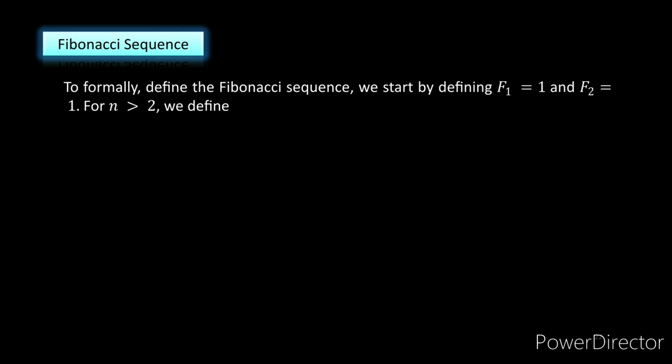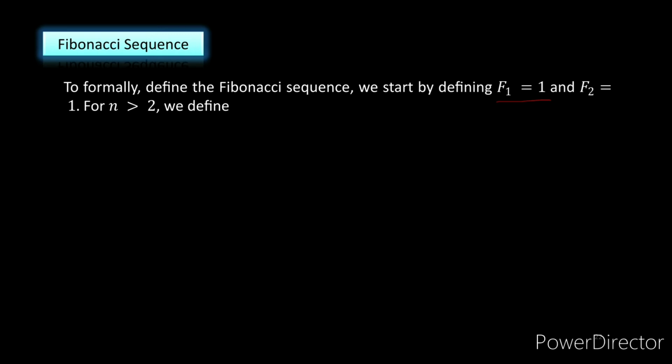Alright, let's move forward to our last sequence, which is the Fibonacci Sequence. What do we have in this sequence? To formally define this sequence, we start by defining f sub 1 equals 1. F meaning Fibonacci. F sub 2 is also equal to 1. Since we said under the definition of sequence that the domain should be strictly positive integers, we can start at 1.